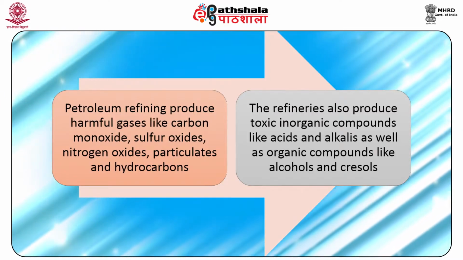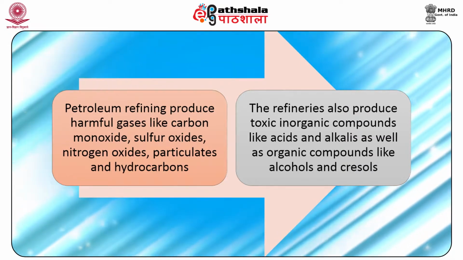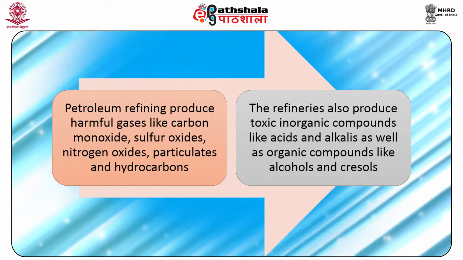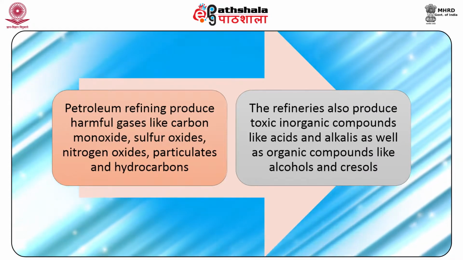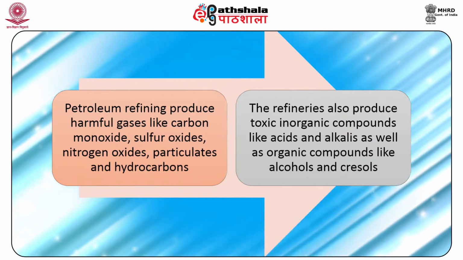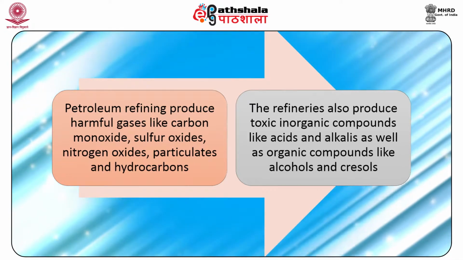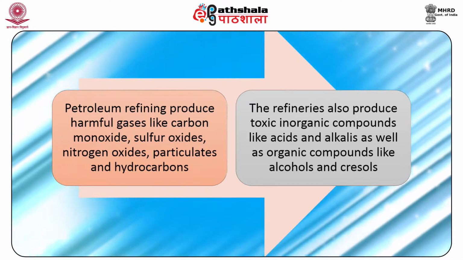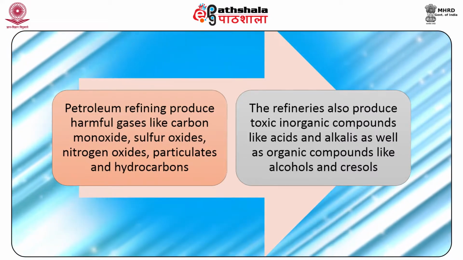First, looking at refining, harmful gases from petroleum refineries include carbon monoxide, sulfur oxides, nitrogen oxides, particulates and hydrocarbons. Petroleum refineries also produce toxic inorganic compounds like acids and alkalis, as well as some organic compounds like alcohols and cresols.